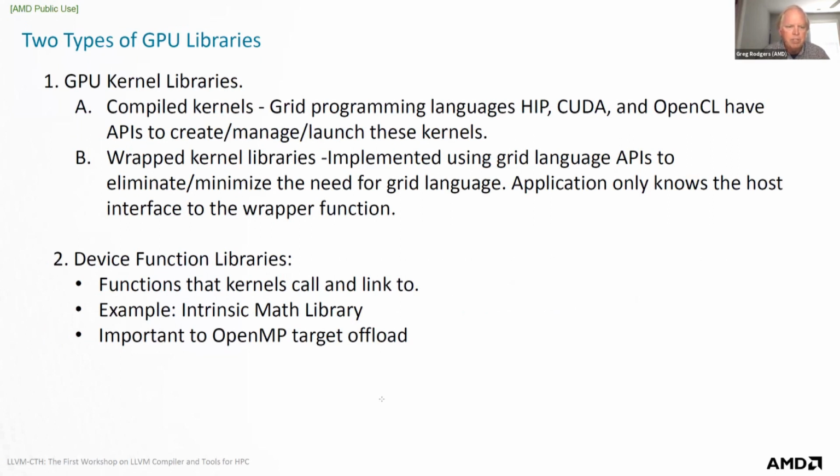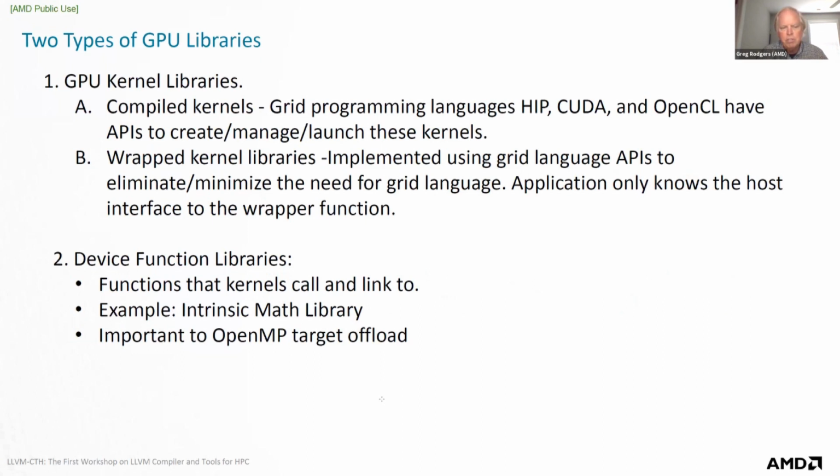There are two types of GPU libraries. One is kernel libraries, what I would call compiled kernels, where you have a grid programming language like HIP or CUDA or OpenCL, and you also have an API that you use to launch the kernels, pass data to the kernels, and create and manage those kernels.